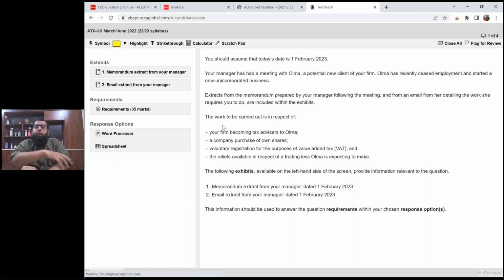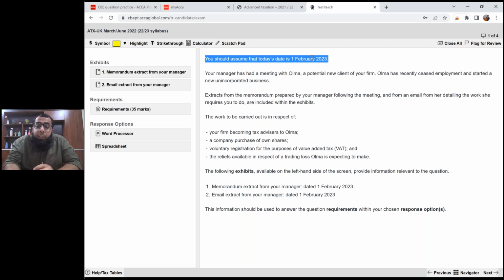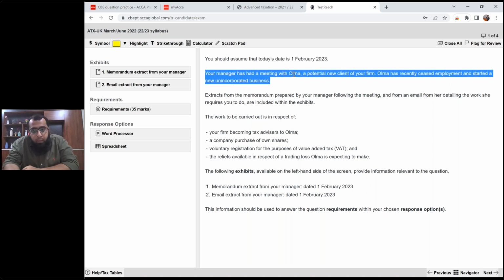So this is question number 1 of the March-June 2022 paper, which is the most recent paper. We'll draft the answer of this paper, and I want you all to concentrate on it. Now you should assume that today's date is 1st February 2023. Your manager has had a meeting with Alma, a potential new client of your firm. Alma has recently ceased employment and started a new unincorporated business.